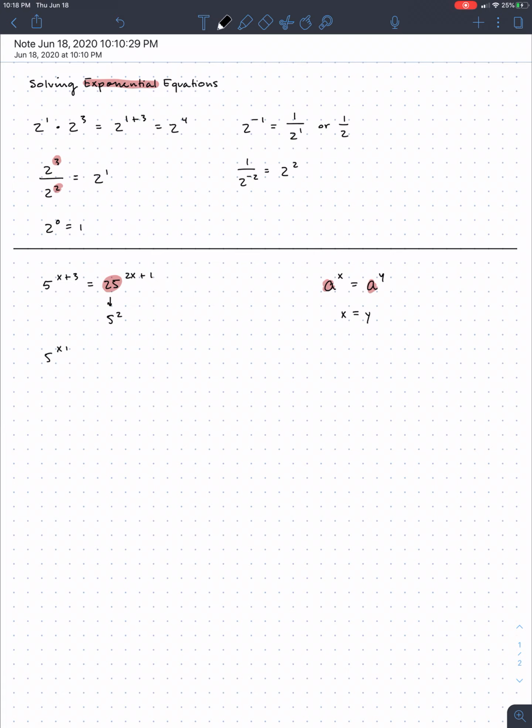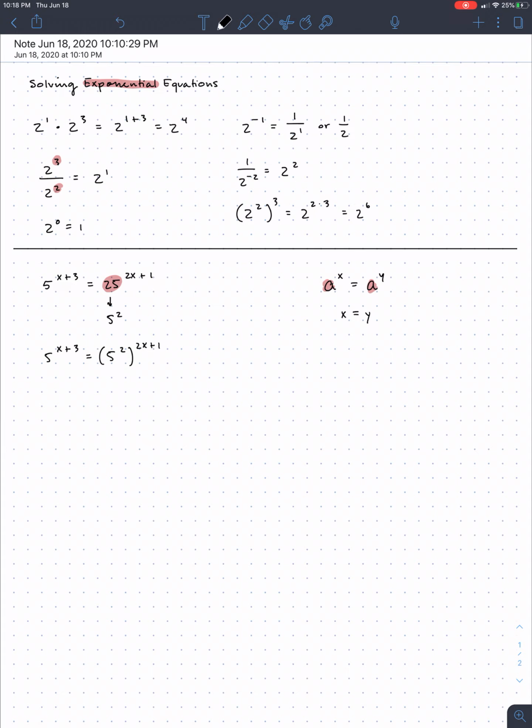I can say that this is 5 to the x plus 3, and this is 5 squared to the 2x plus 1. And before I move ahead, I forgot a rule above here. If I have a power that's being raised to a power, remember this becomes 2 times 3, so I multiply to give me 2 to the 6th.